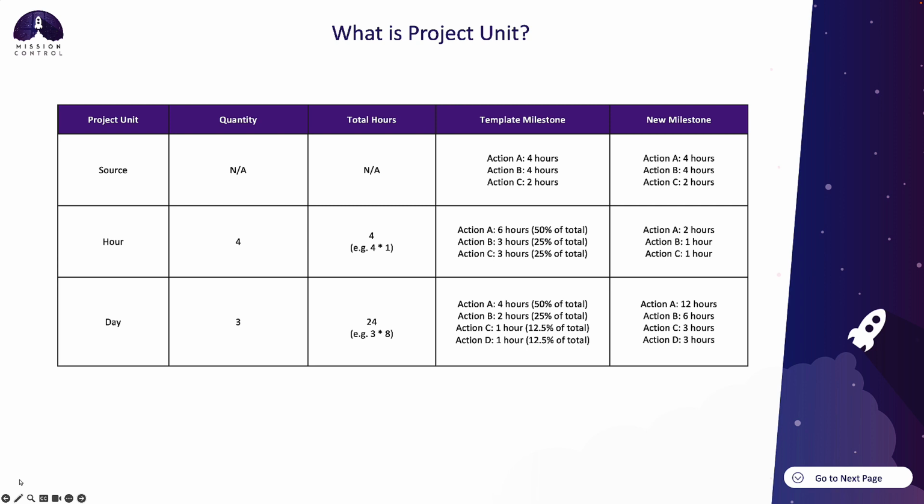In this example, we've got 4 actions with 4 hours, 2 hours, 1 hour, and 1 hour each. So their distribution of hours is 50%, 25%, 12.5%, and 12.5% of the total. The new milestone will calculate the hours on the new actions based on those percentages by multiplying them with the total hours, and you'll get 12 hours, 6 hours, 3 hours, and 3 hours respectively.